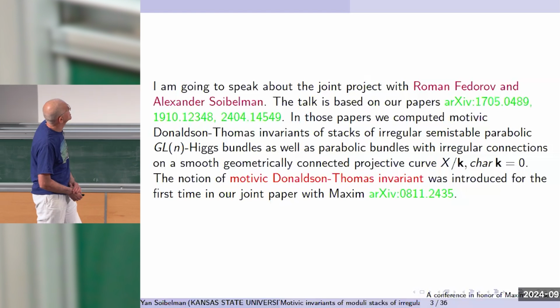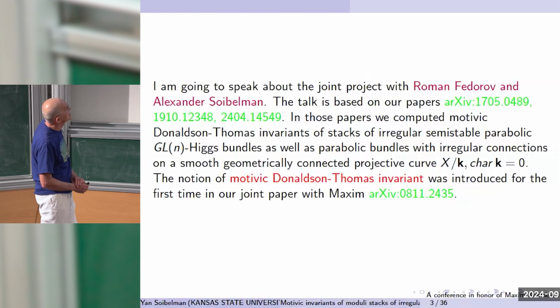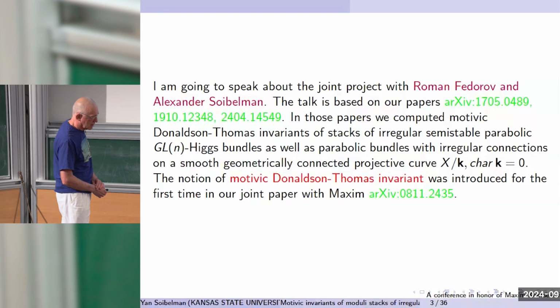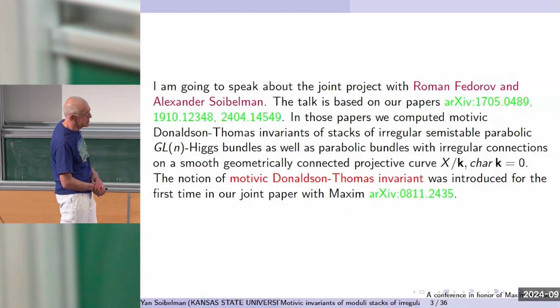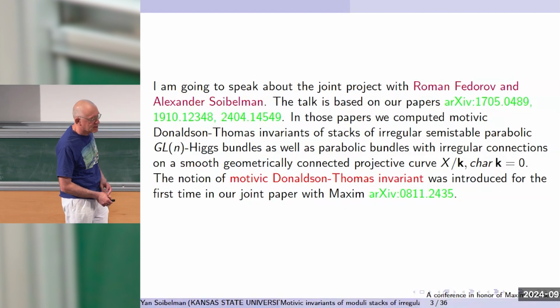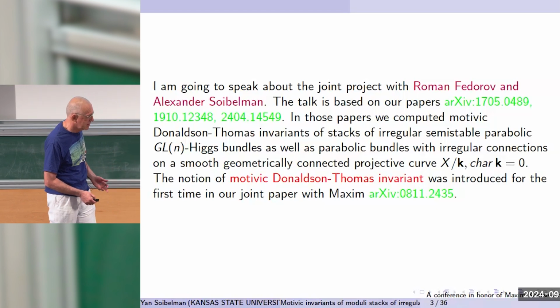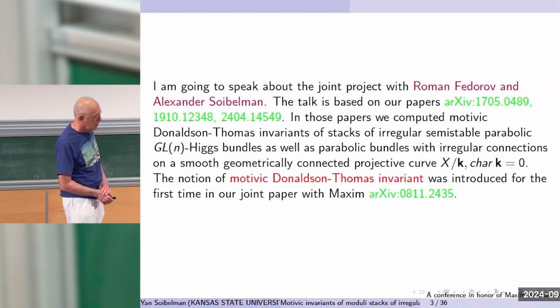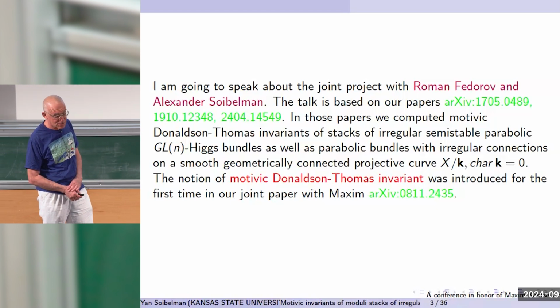So in those papers we computed Motivic Donaldson-Thomas invariants for the moduli stacks of, in general, irregular semistable parabolic Higgs bundles. The group GL_N is always for my talk, or for bundles with irregular connections.